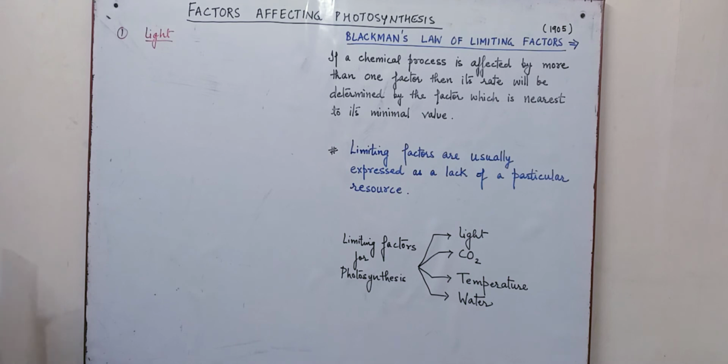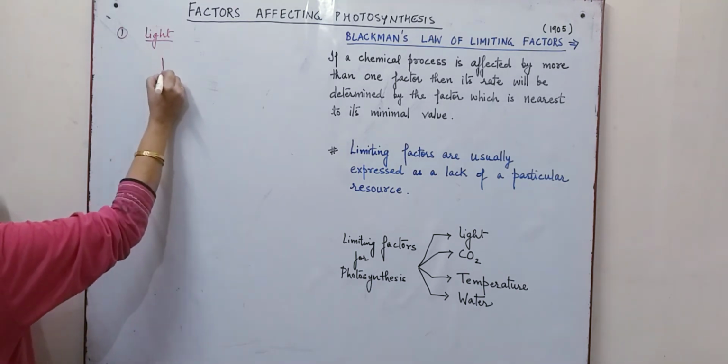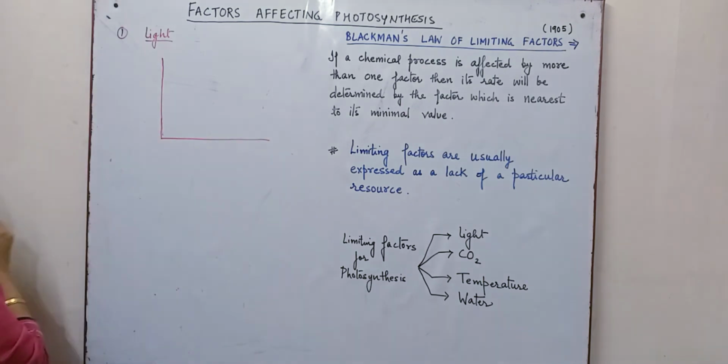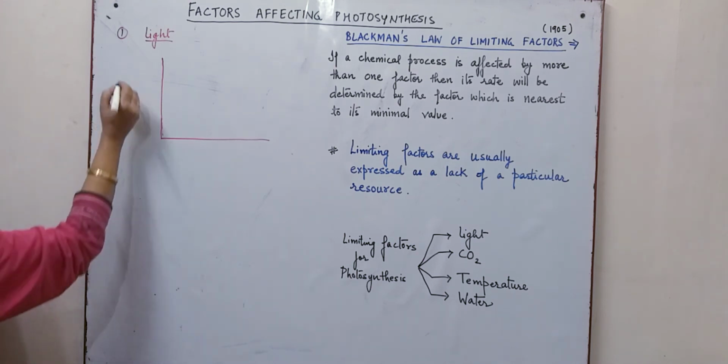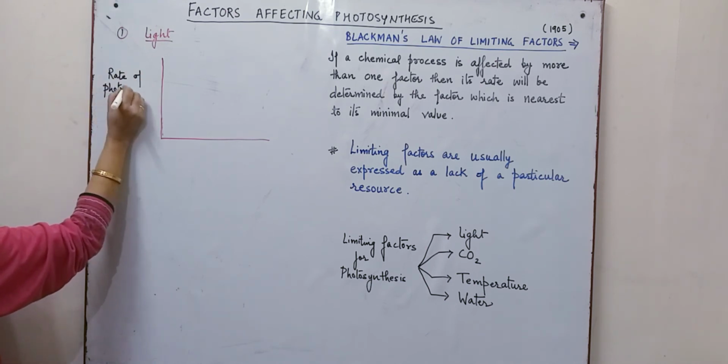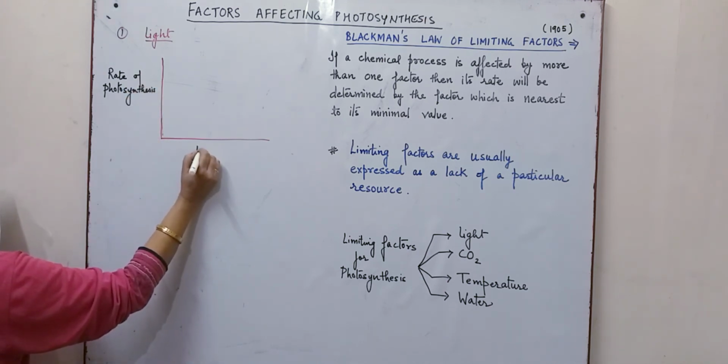Now, light is taken up by the plant in the form of photons and it is absorbed by chlorophyll, and it triggers off the light reaction followed by the biosynthetic phase. Now, let us study a graph. On this side is the rate of photosynthesis, and here it is the light intensity.